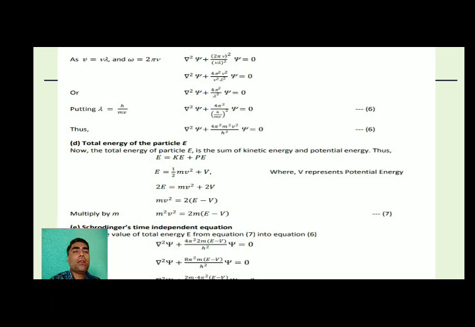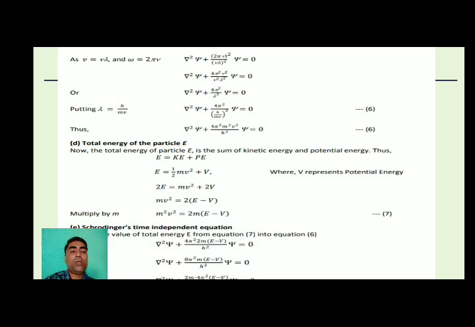Now try to replace this m²v², meaning the momentum squared, in terms of the energy of the moving particle. The total energy of the particle can be considered as the sum of its kinetic energy plus the potential energy.